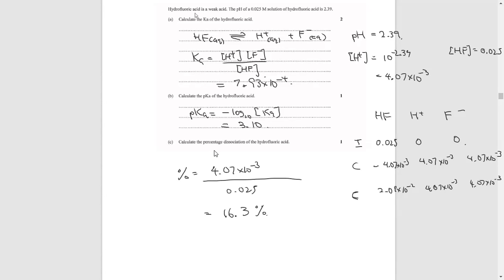So that also gives you some idea of how well, or how not well even, weak acids dissociate. Because to be clear, hydrofluoric acid is a weak acid, but out of the weak acids, it is a very strong weak acid. So 16.3% is very high as far as weak acids are concerned.